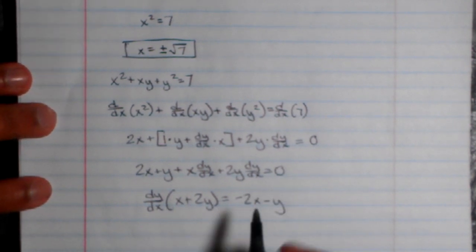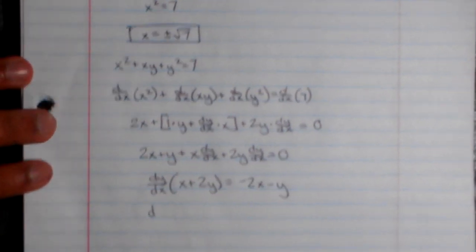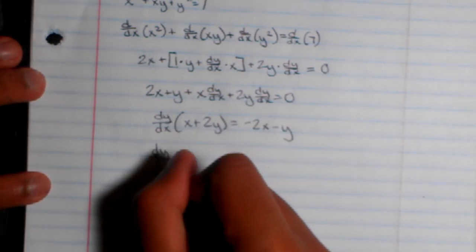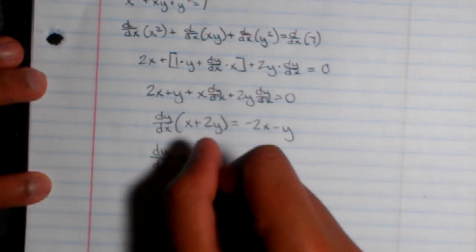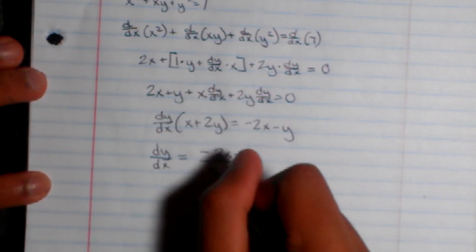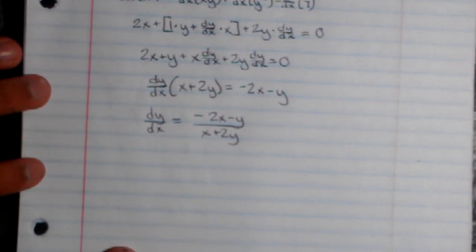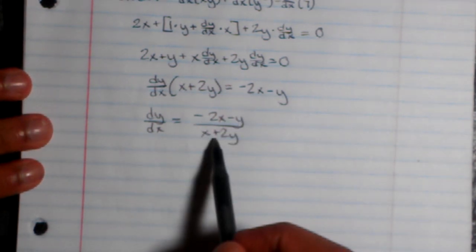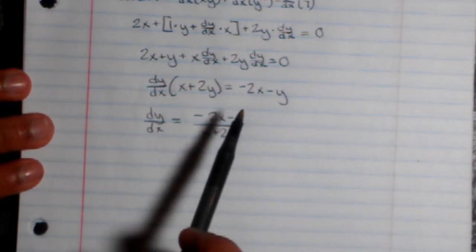And now if we divide by x plus 2y, we get dy over dx equals (negative 2x minus y) over (x plus 2y).